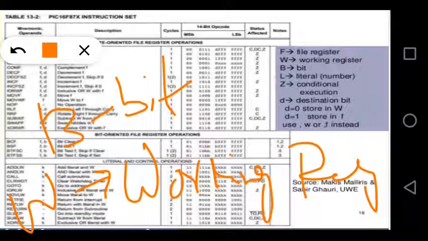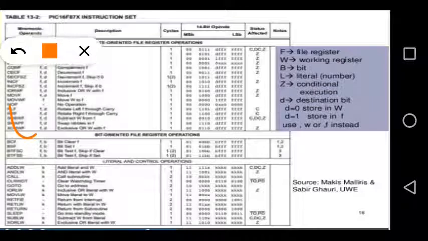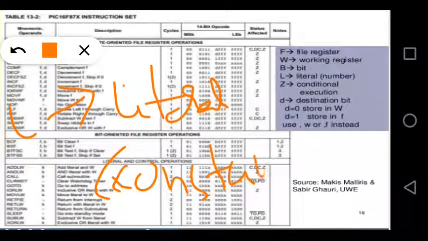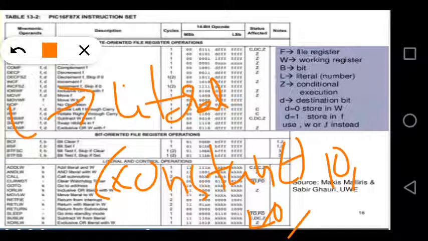Next L stands for literal. Literal means it is a constant. Remember, literal means any constant value like 10, 20, 30.